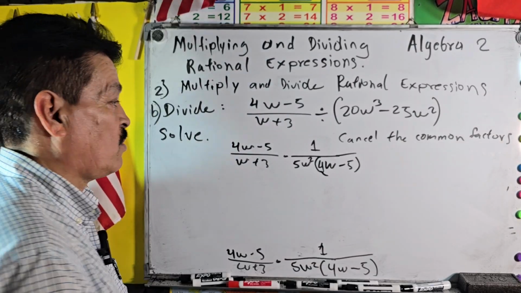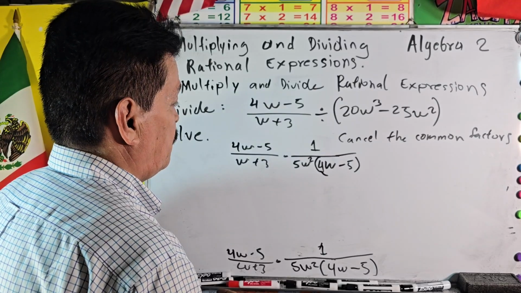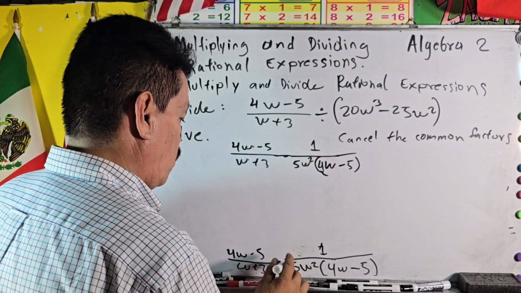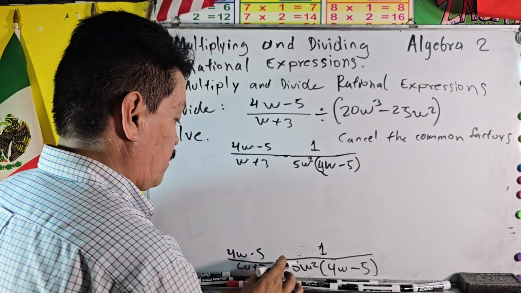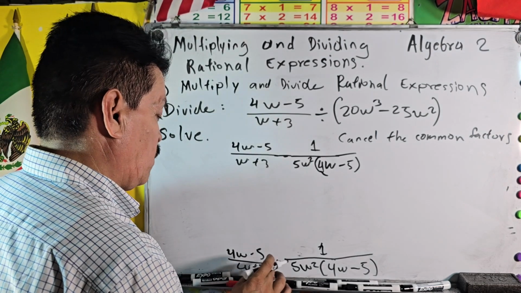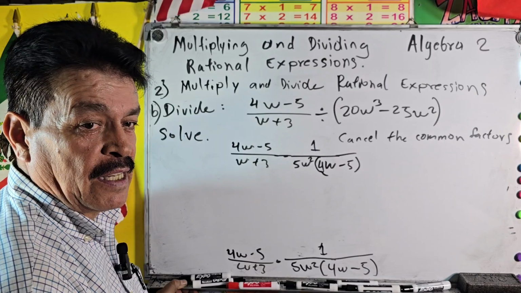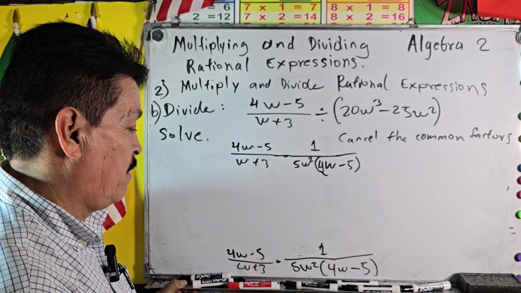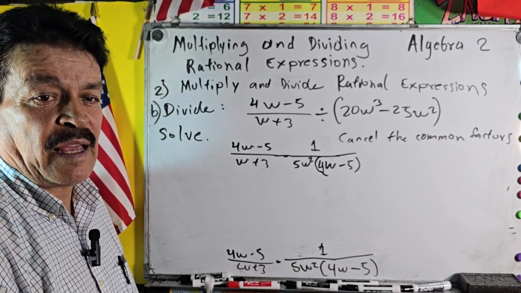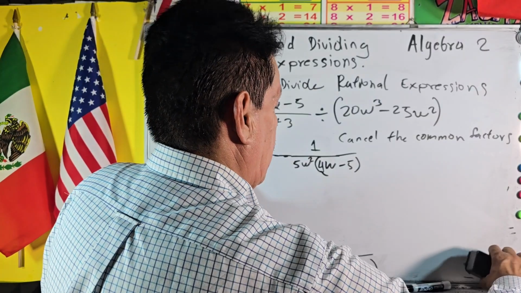When you multiply by 1 here, by 1 also here. In this problem we have to write one more step, because maybe we get confused here.